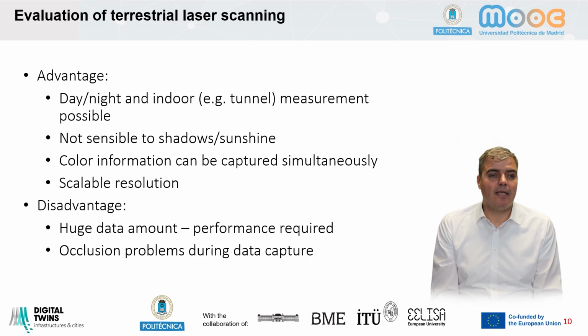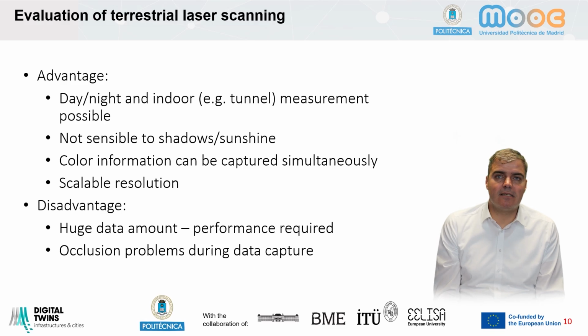So it works day and night. Therefore, it's not sensitive to shadows and sunshine. We can capture color information with cameras, usually built into the laser scanners, and we have a scalable resolution. A typical resolution for engineering survey is 3 to 6 millimeters between the points. That's the point spacing at 10 meters distance.